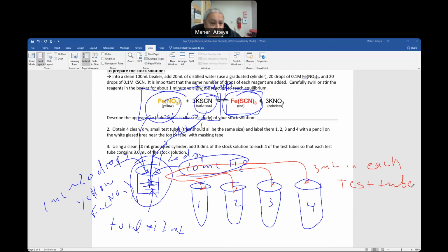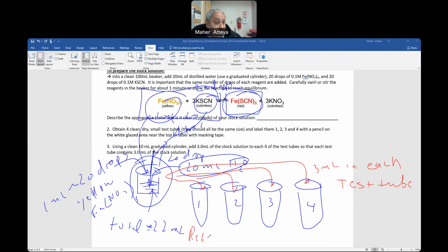So now give it time, about 1 minute to go to the equilibrium. Of course, when you take it there, give it 1 minute or so. Then you will add to all of them. Here, number 1 will be your reference.